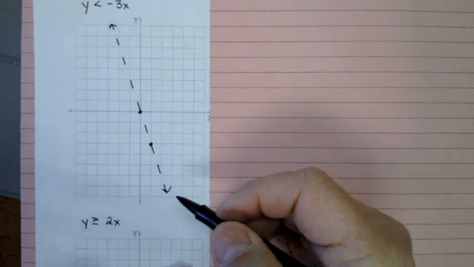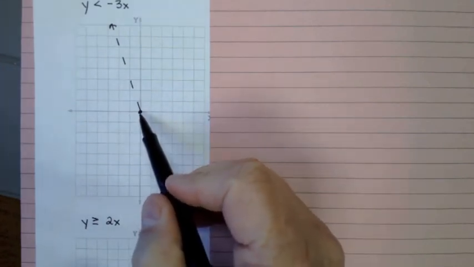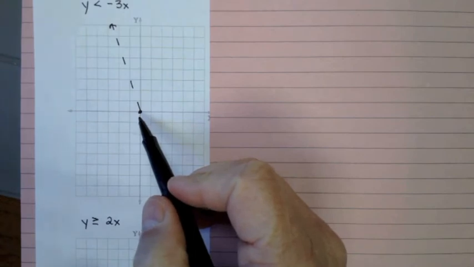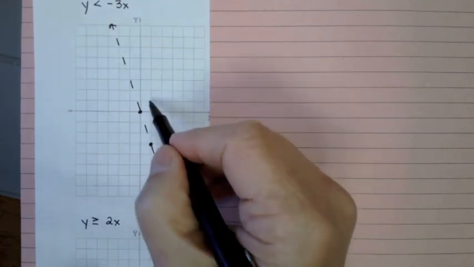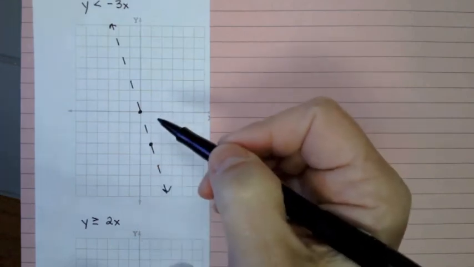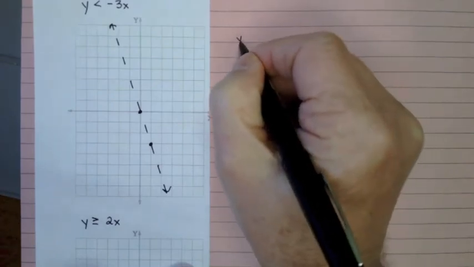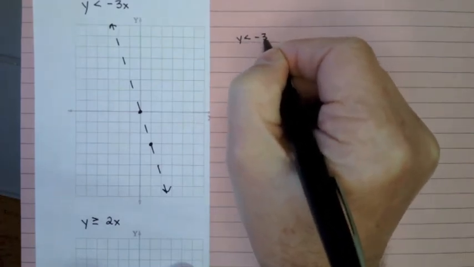Now I need to shade to determine where my answers are. Right now the line is using the point that we would normally use, 0, 0. So I have to pick another point, like this one right here. I'm going to use 1, 1. 1, 1 is another easy point to use. So y is less than -3 times x.